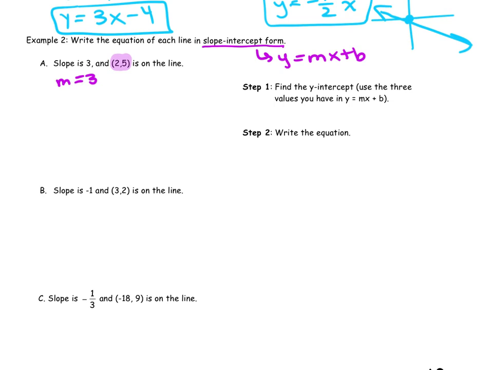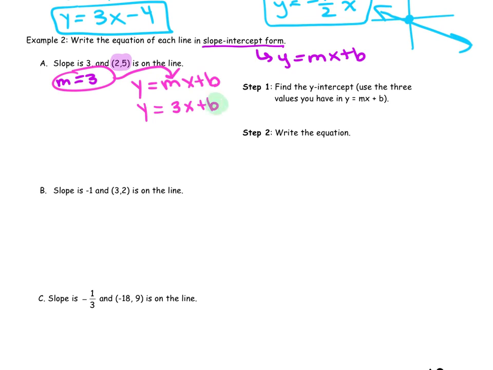We have the equation y equals mx plus b, right? And we know m. So let's plug it in. We know the slope. So I have y equals 3x plus b. I want to find what b is, right?